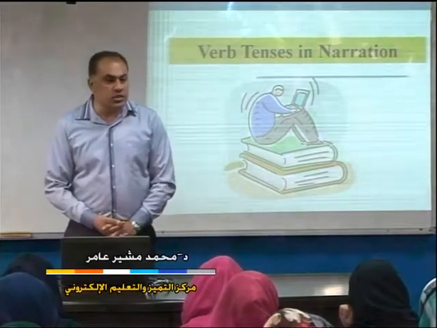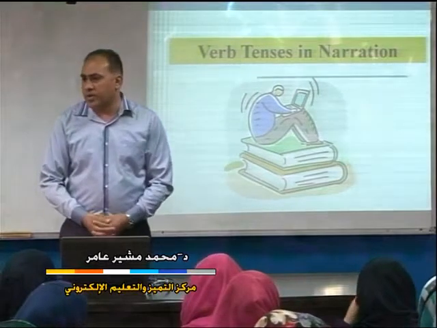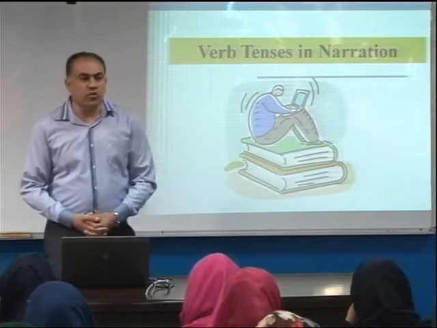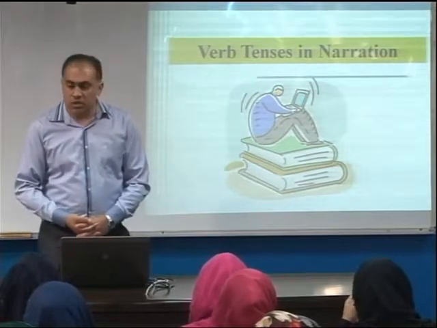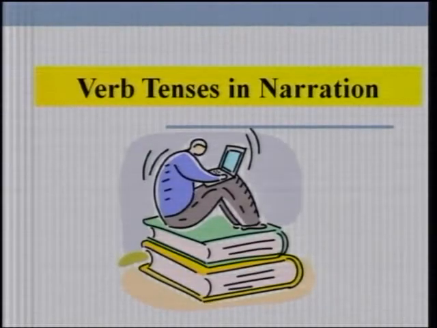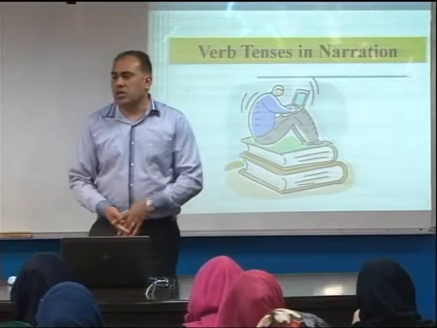All right. Today we continue talking about narrative writing, narrative paragraph writing, and today we'll focus particularly on verb tenses in narration. As you know, narrative writing is generally about storytelling.